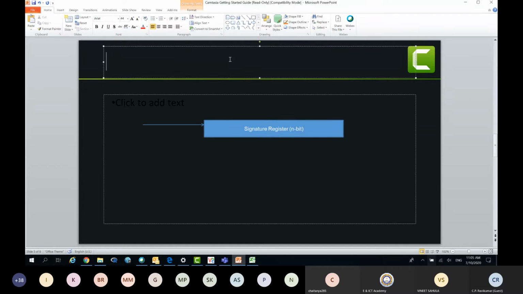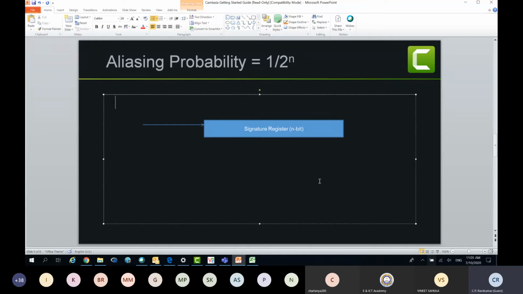If all inputs are equally likely, then the aliasing probability is 1 by 2 power n. So if n is 32 or 16, that aliasing probability is quite small.